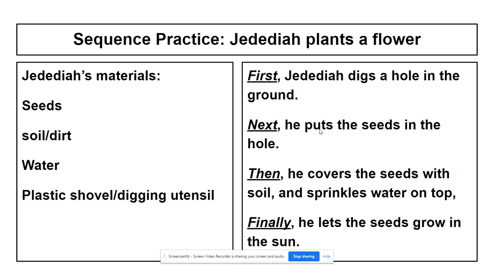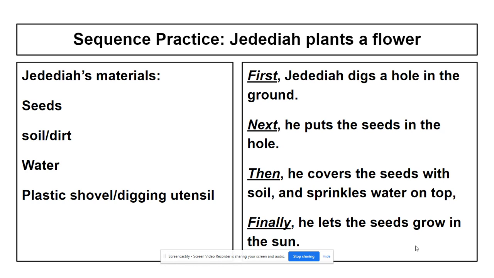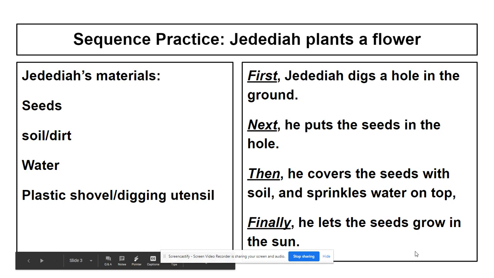Then he puts the seeds in the hole. That's again the action that he takes. He covers the seeds and he sprinkles them and he lets the seeds grow. So these are the actual actions that he is taking to allow himself to move forward in the story, and they help you as the reader understand when he did these activities.